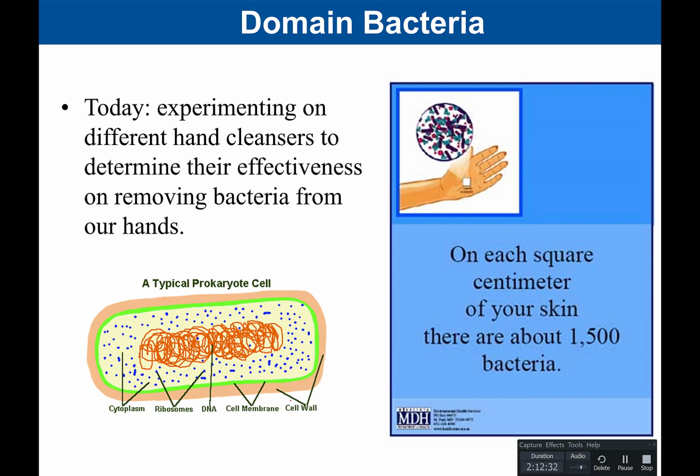On each square centimeter of your skin, there are about 1,500 bacteria. And if you look at your hands, even within your two hands, you have very different normal flora or normal microbiota, meaning different types of bacteria on your left and your right hand. So let's talk more about this.